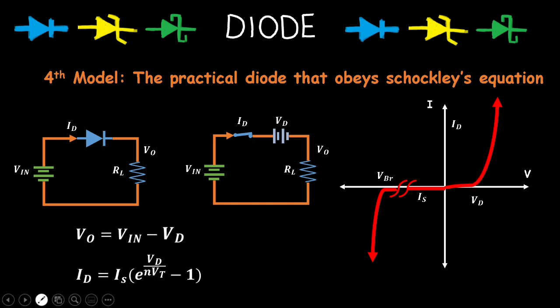Also on the left side, you will observe that as we increase the negative voltage, there will be a point at which the diode will break down and we call it the breakdown voltage.